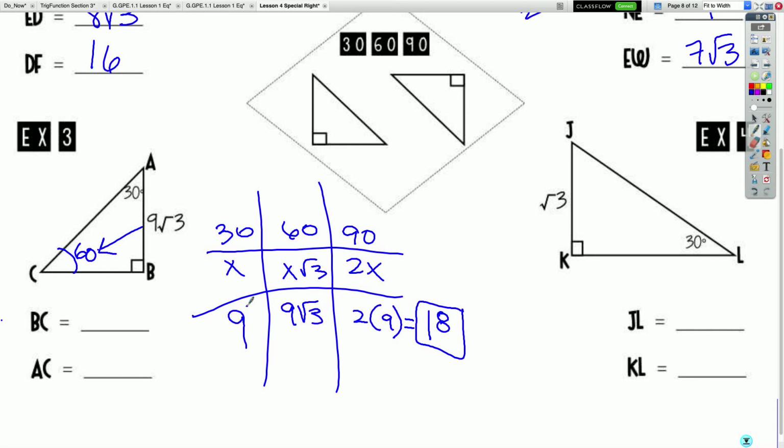So that one should just be 9. Okay, so that's square root of 3. That's square root of 3, which is 3. 2 times the square root of 3. Don't use that one. You have to go back to x. Which one do you get?